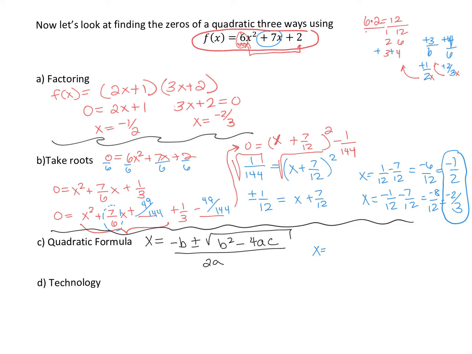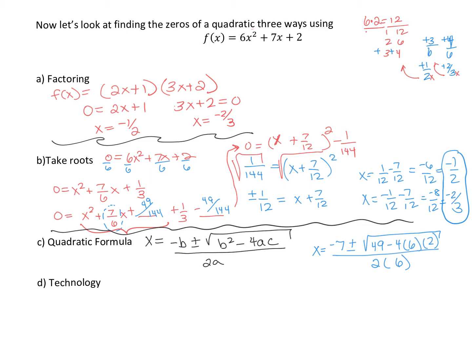In this particular case, our b term is the 7. So negative 7 plus or minus the square root. B squared would be 49 minus 4 times a times c all over 2a. And I'll trust that you can simplify this, and you're going to also get negative 1/2 and negative 2/3.